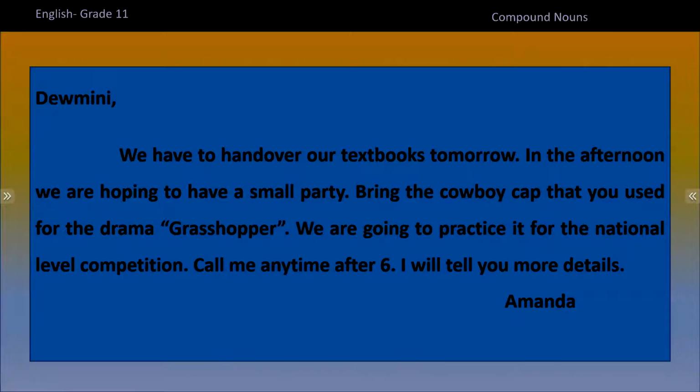In the afternoon, we are hoping to have a small party. Bring the cowboy cap that you used for the drama Grasshopper. We are going to practice it for the national level competitions. Call me anytime after 6. I will tell you more details. Amanda.